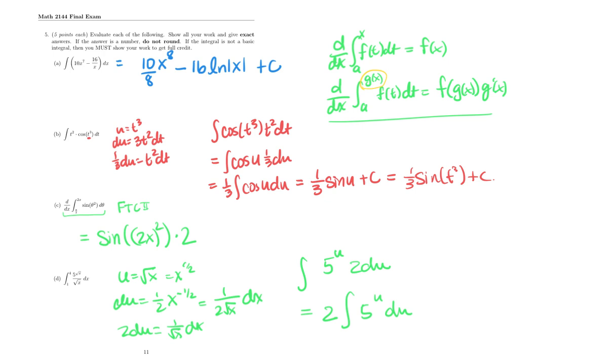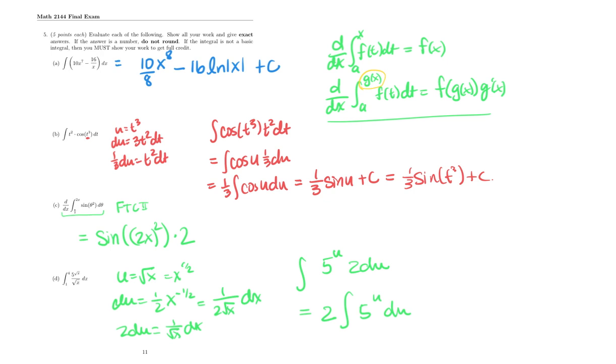And I also need to convert my bounds to u bounds. So if I know that u equals square root of x, then when x is 1, u is square root of 1, which is 1. And when x is 4, u is square root of 4, which is 2. So this goes from 1 to 2 when I convert to u bounds. And so then the integral of 5 to the u is going to be 5 to the u divided by natural log 5.